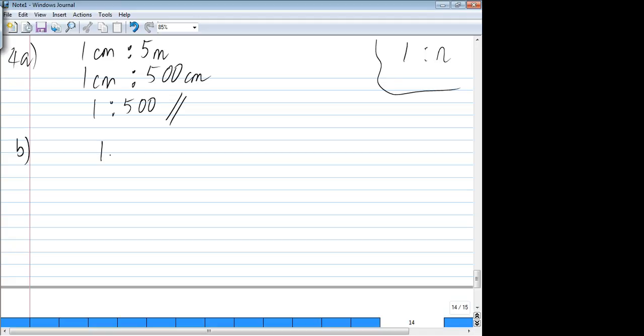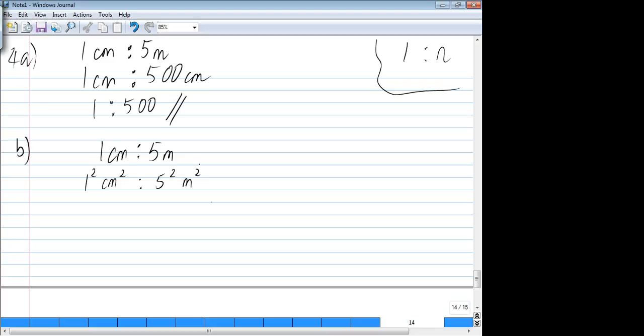So initially we have 1 cm representing 5 meters, right? If I square my left hand side, I will have to square my right hand side. So 1 square centimeter, squaring my left hand side, represents 5 squared, which is 25 square meters.